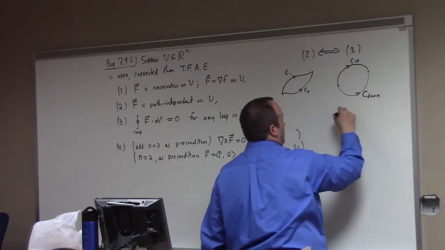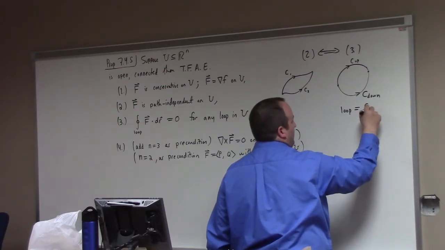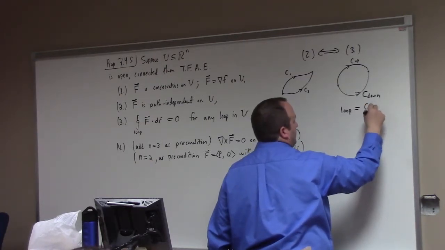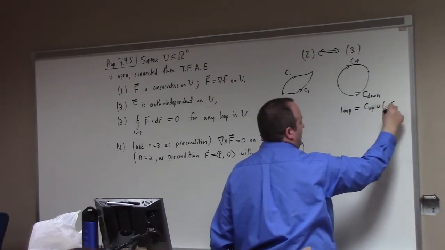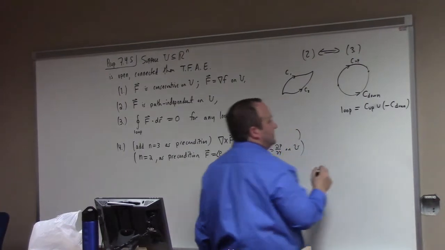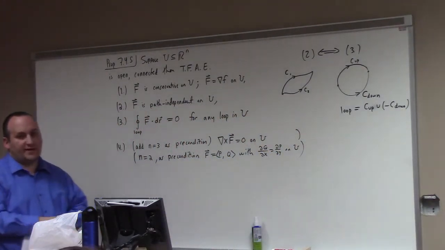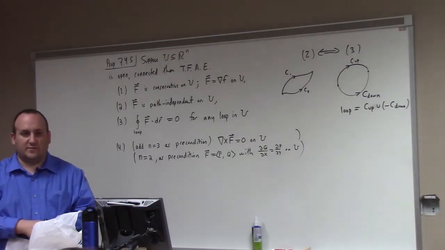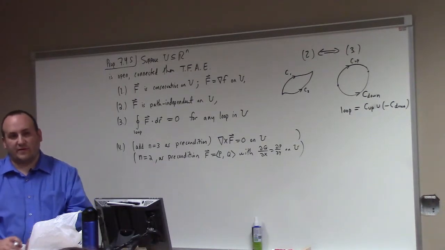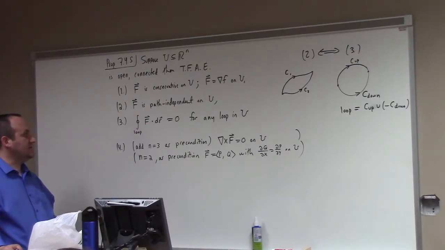So the loop is really the union of C up, sorry, I'll get it right eventually, C up union with minus C down, because it's the opposite direction, right? And so the fact that you can either start with two paths and form a loop, or that you can take a loop and split it into two paths, in the calculation I wrote on the last board, the last class, suffices to prove that 2 is true if and only if 3 is true.